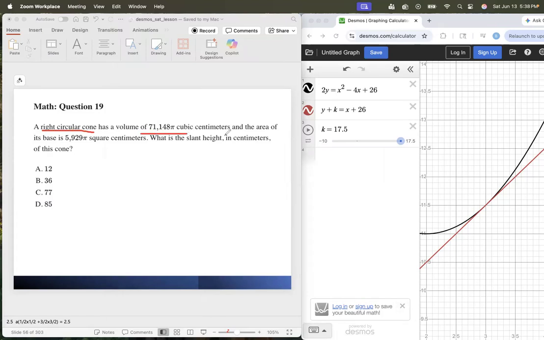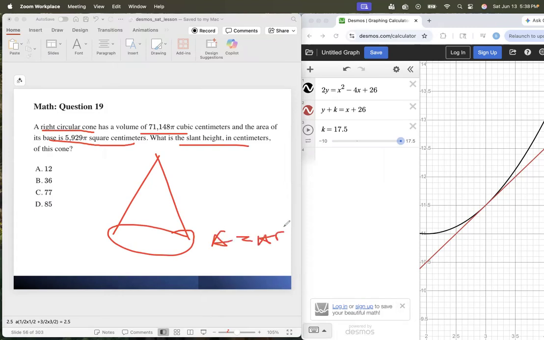Cone has this volume, and the area of the base of the cone is this. What is the slant height? If you draw the cone like that, the area here is a circle, so pi r squared, which is equal to 5929 pi. The volume is a formula in your system that you can check, 1/3 pi r squared times h. You need the radius, and then you need a height to find the slant.